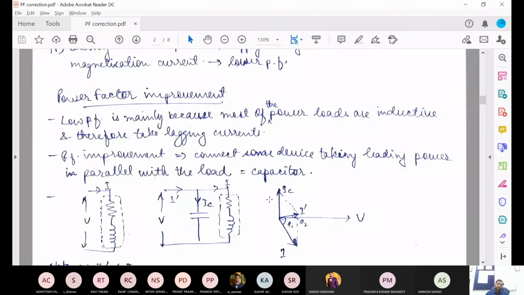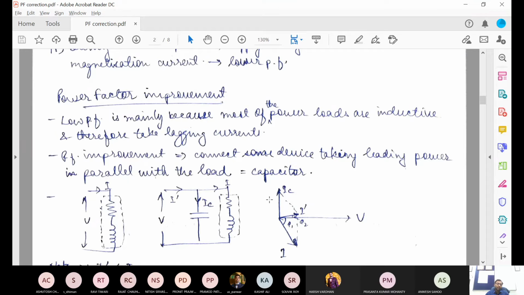There is something known as the phase advancer, and these days there are power electronic devices like STATCOMs, static compensators, or SVCs, and other new power electronic devices known as FACTS devices, flexible AC transmission system devices.